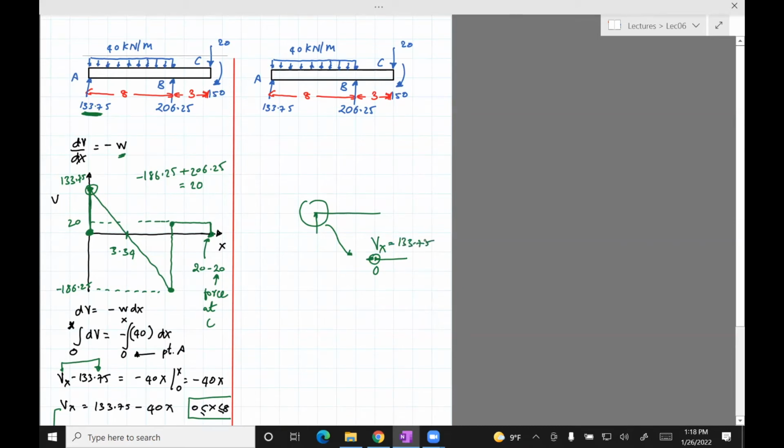And when you're integrating it, you're passing through the point 0, so you have to take into account 133.75. It's not 0. It's a discontinuity, as you can see. It suddenly jumps from 0 to 133.75, but when you're integrating, you need to look at 133.75, because when you go from 0, you have to pass through 133.75 to integrate out Px.